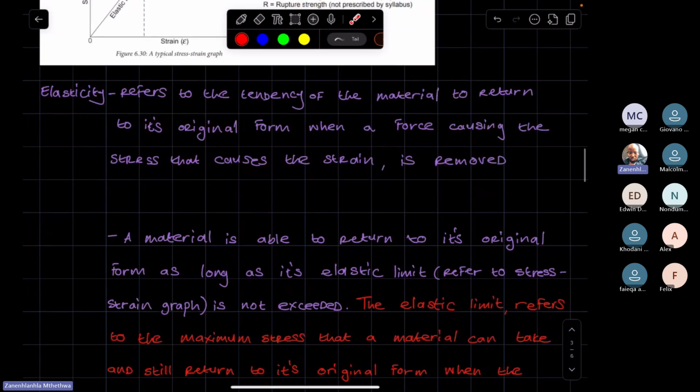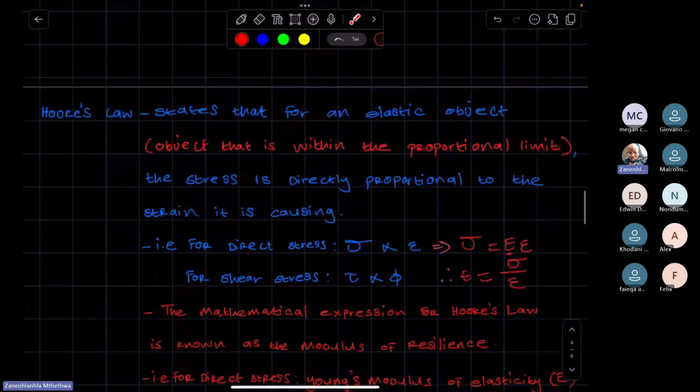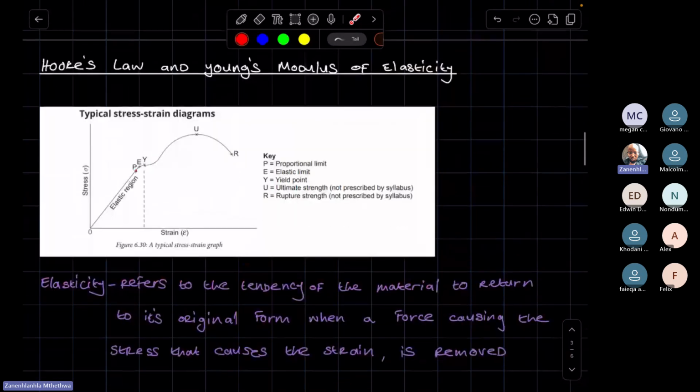That is what Hooke's law is. Hooke's law is only satisfied in the part of the graph that is a straight line, because it's only in that part where the stress is directly proportional to the strain. If you look at the graph, it's only in this part where if the stress increases, the strain increases as well.